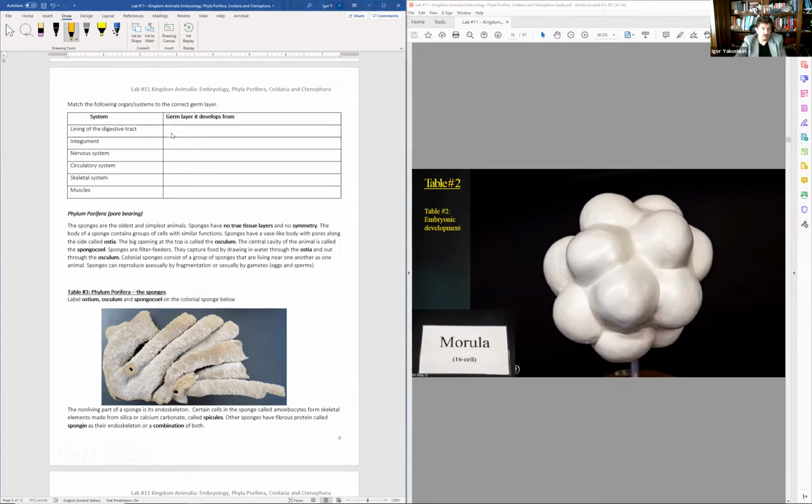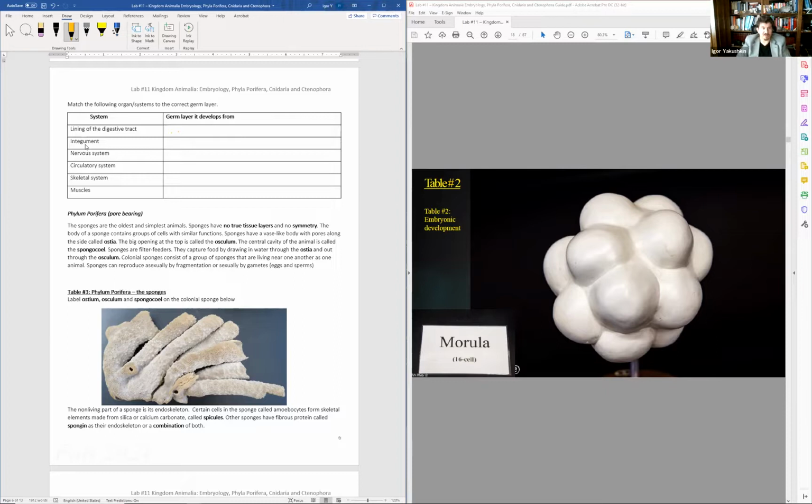Okay, so here we have the endoderm. Now integument, some people don't know the word integument. The integumentary system is the largest organ in our body. It's skin. Skin will be produced by ectoderm.